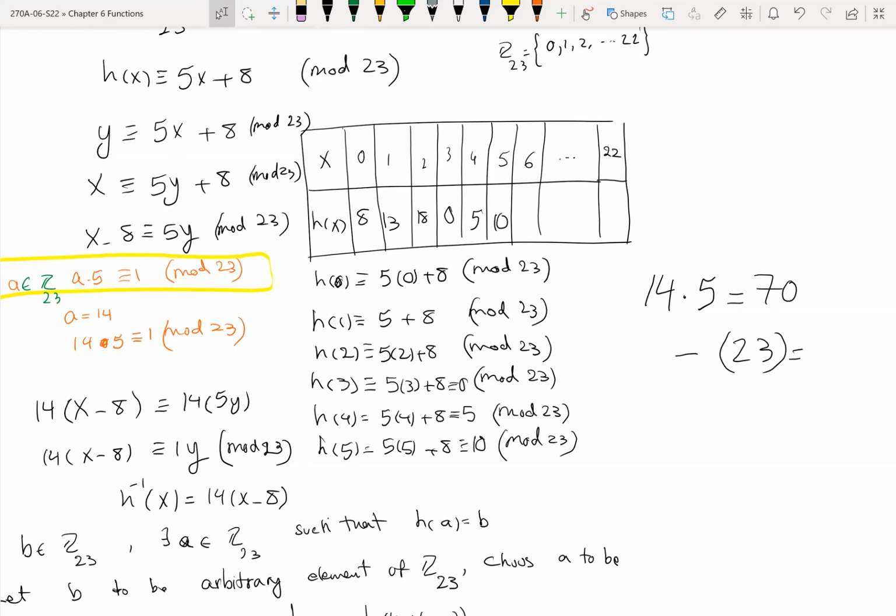Then keep going, 3 times 23 works, right? Then 70 minus 69 is 1.